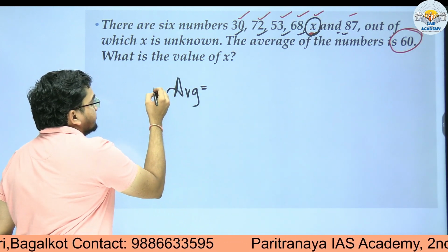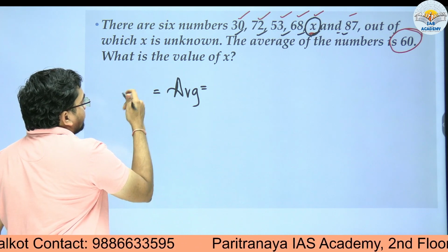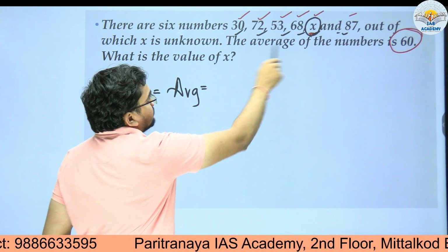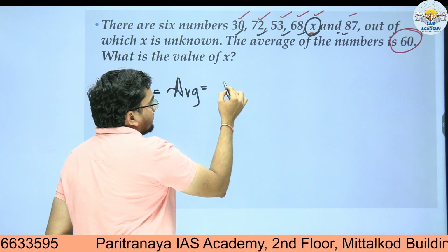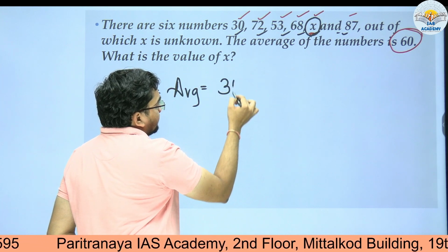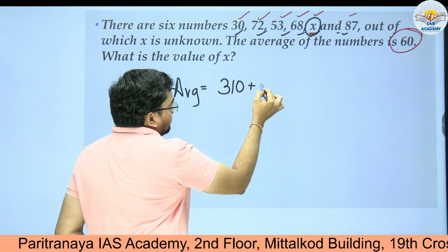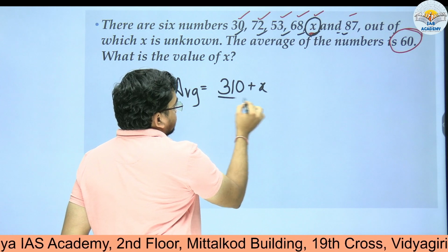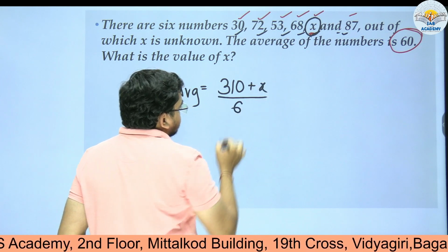This average which I am applying has the value of 60. And the sum of observations, we just found out, is 310 plus x. We left out the x there. So 310 plus x, whole divided by 6.